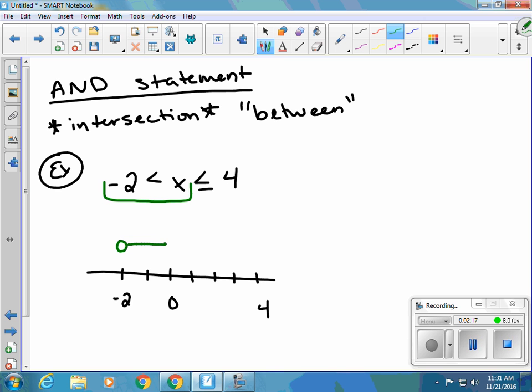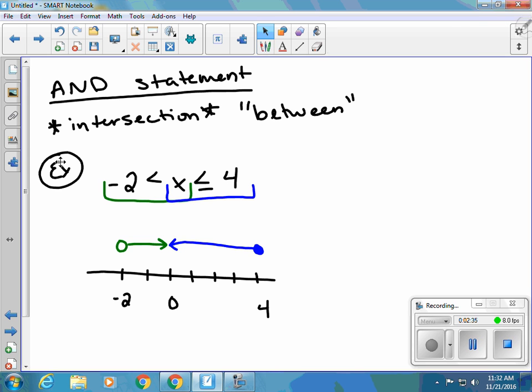This is going towards the right because the sign is eating the variable. Now I'm going to look at the second part of this compound sentence. I have a closed circle at the 4, and because it's not eating the variable, it's going towards the left.